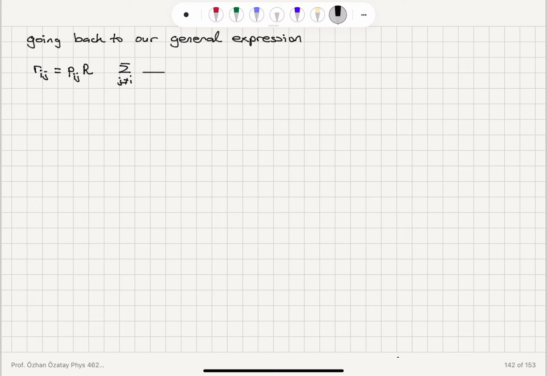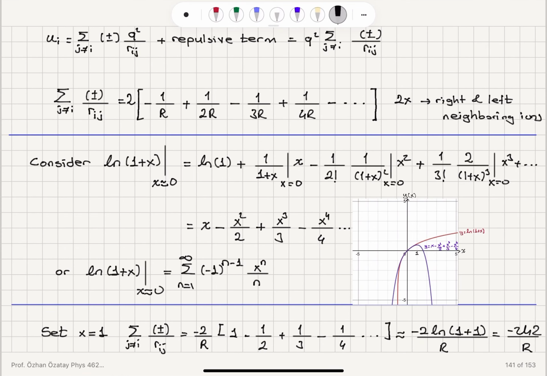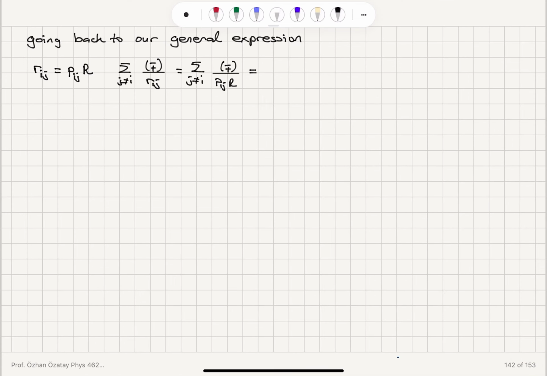Instead of plus or minus, if I use minus or plus Rij divided by Rij, this is sum over j not equal to i minus or plus Pij capital R. This is equal to, now you can see plus minus divided by Rij was minus 2 natural logarithm 2 over R. Minus plus is plus 2 natural logarithm 2 over R for a one-dimensional chain.